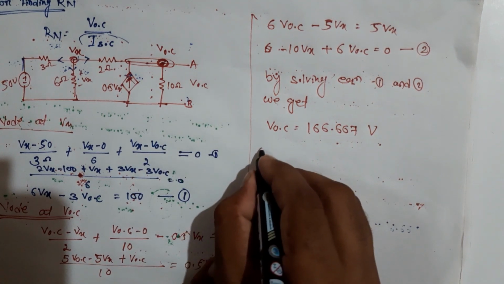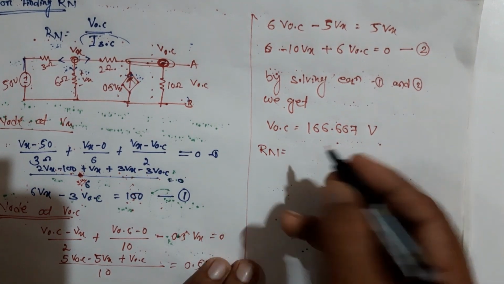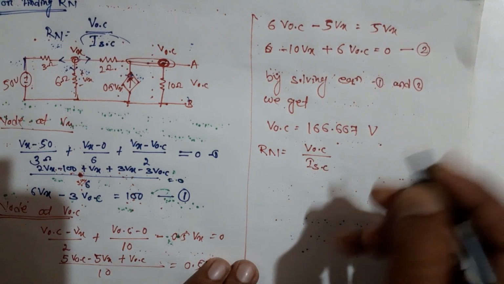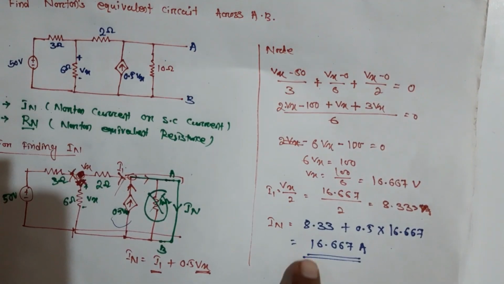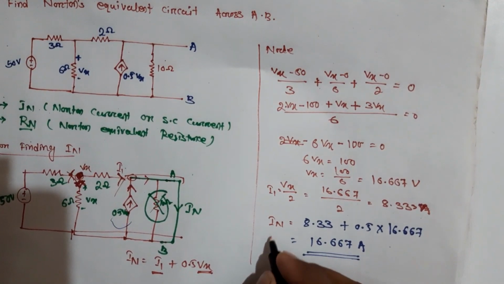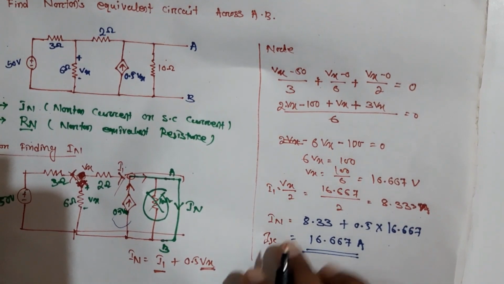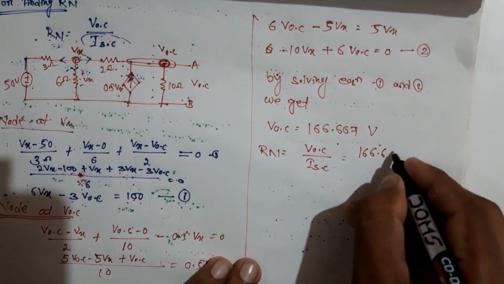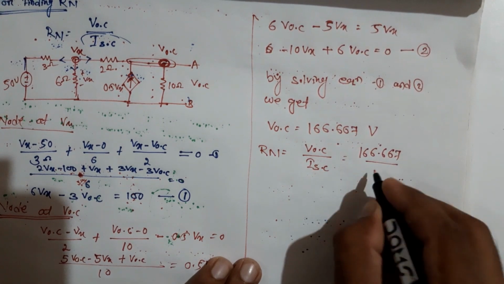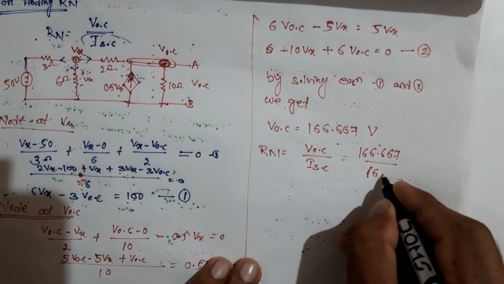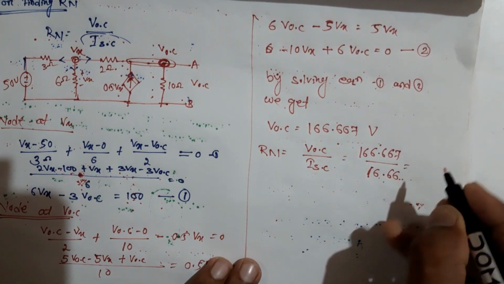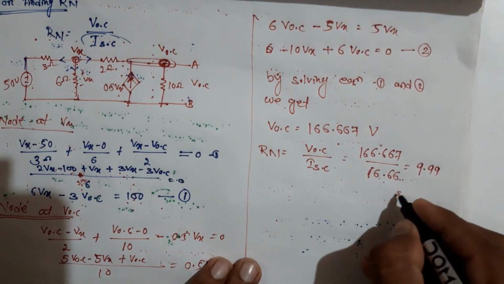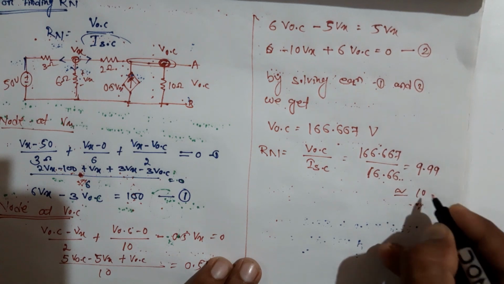For finding Rn, we know it is VOC divided by ISC. We already found ISC, which is IN. So 166.667 divided by 16.667 is approximately 9.9999, approximately equal to 10 ohm.